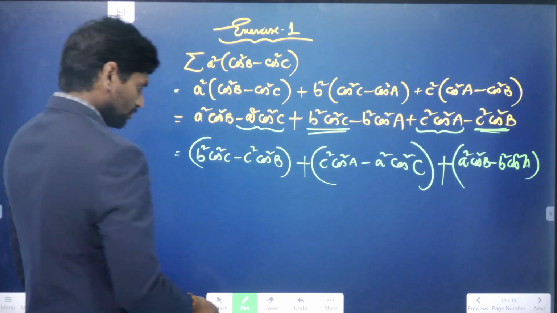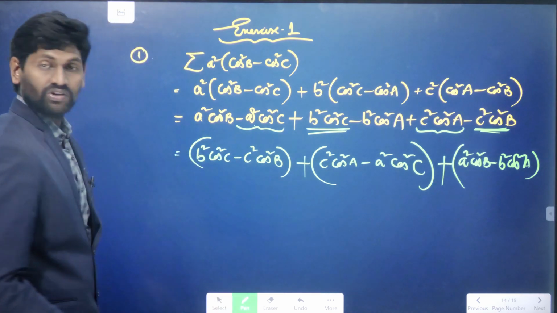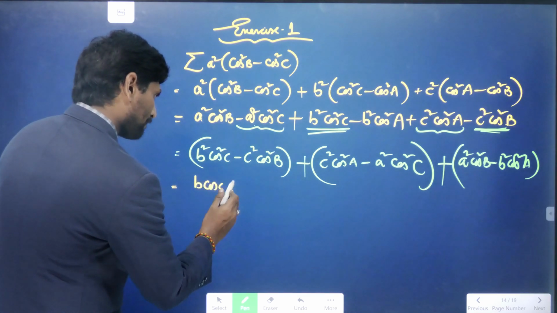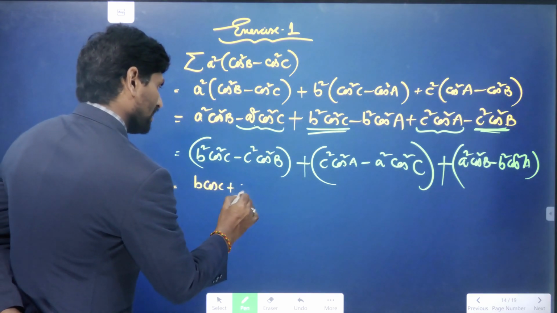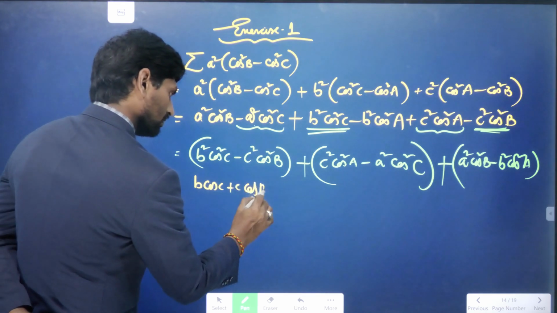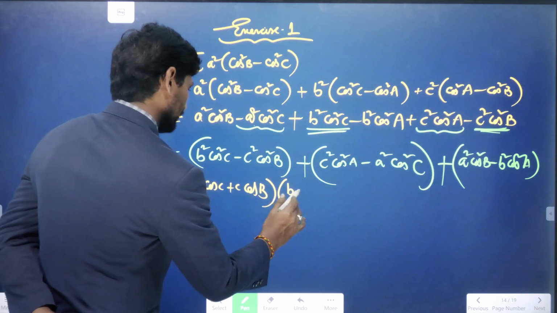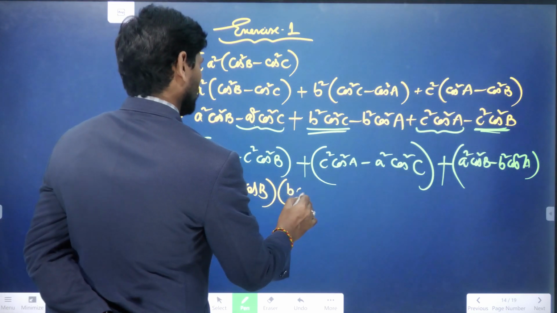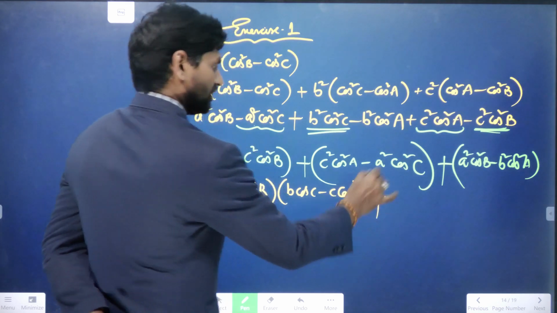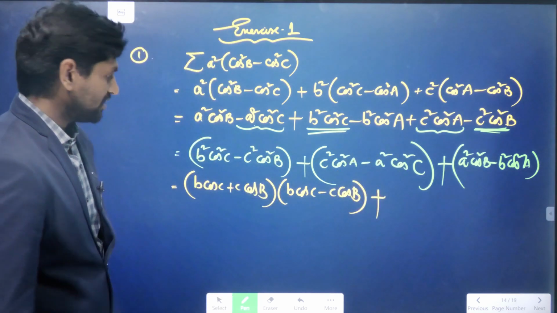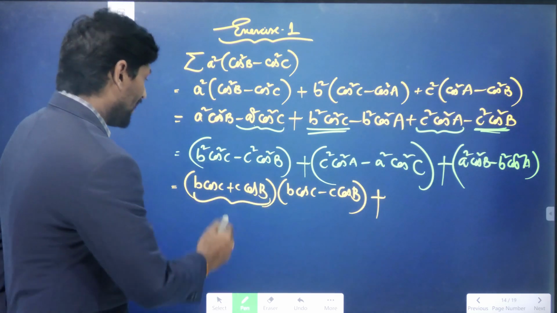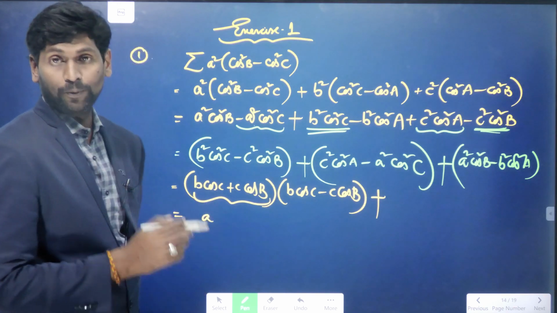So the first one is in the form of A square minus B square, so A square minus B square formula, (A plus B) into (A minus B). So this one we can write as (B cos C plus C cos B) into (B cos C minus C cos B). Okay. So the remaining two we can write similarly. Now observe this one: B cos C plus C cos B is small a according to the projection rule.